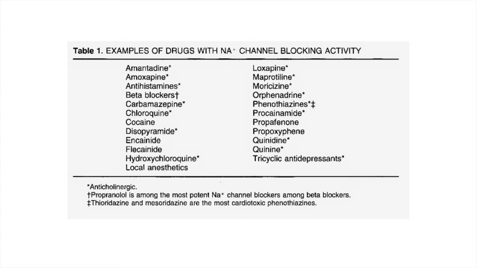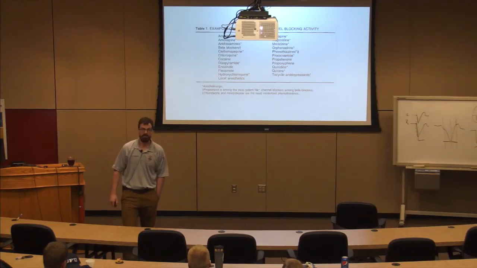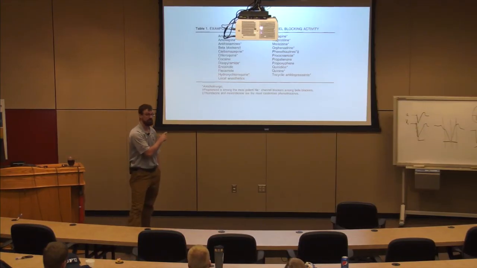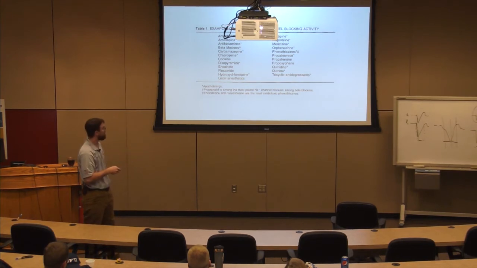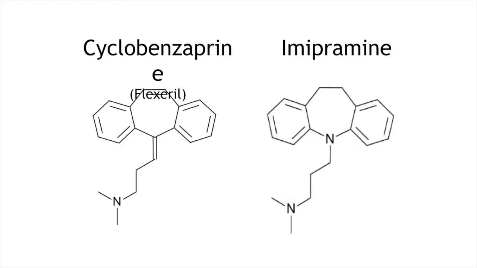Phenothiazines, which are essentially some of the older generation antipsychotics. A lot of the older generation antipsychotics will do that. Here's a drug, cyclobenzaprine, Flexeril, right? Who doesn't have Flexeril, right?